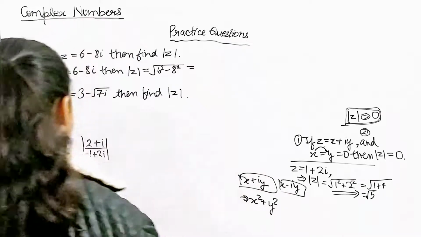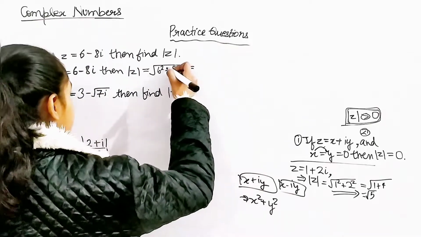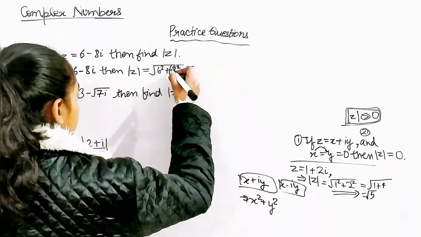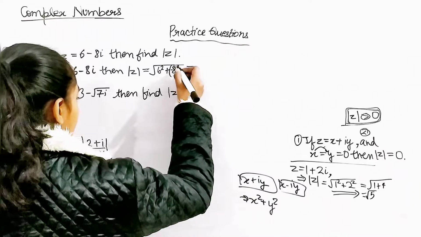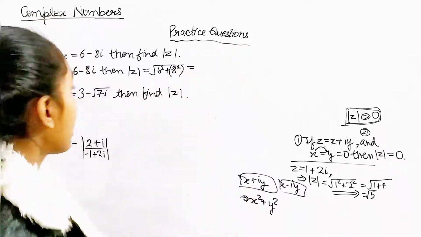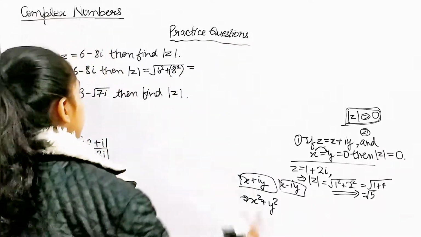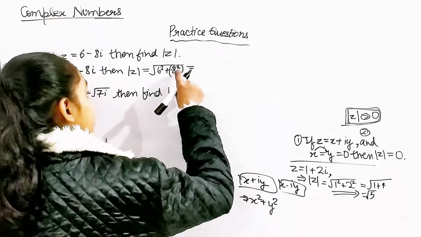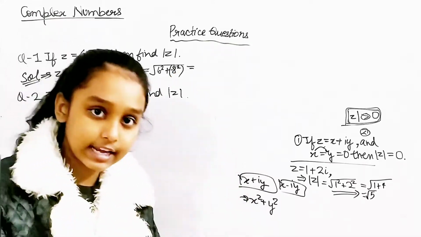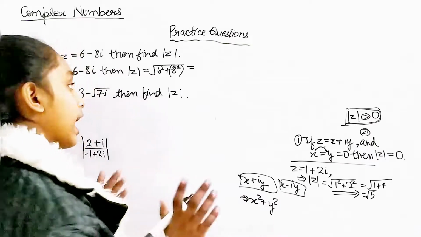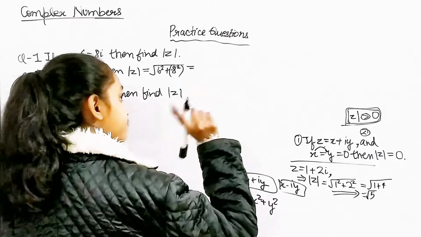So it's 6 squared plus 8 squared. Now this minus 8 squared will be positive, right? So what is it going to be? 64.